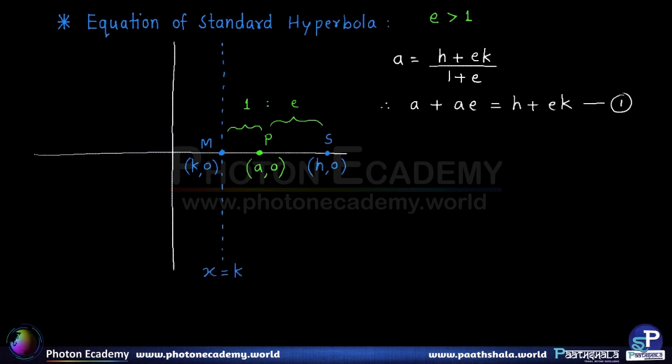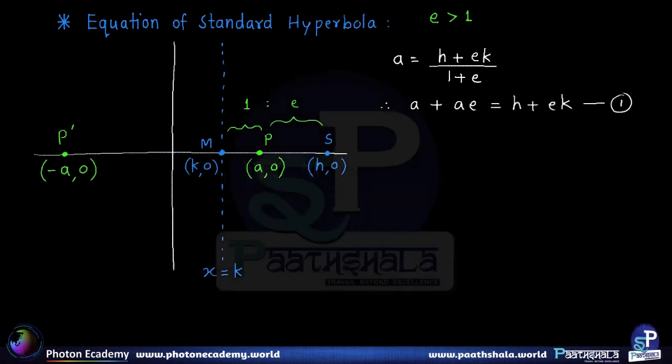Now we can also imagine another point lying on the other side, say P dash, which is symmetrically opposite, so which will have coordinates (minus a, 0), because we can think of this point also to lie on the hyperbola, considering that it divides SM but now externally in the ratio e:1.